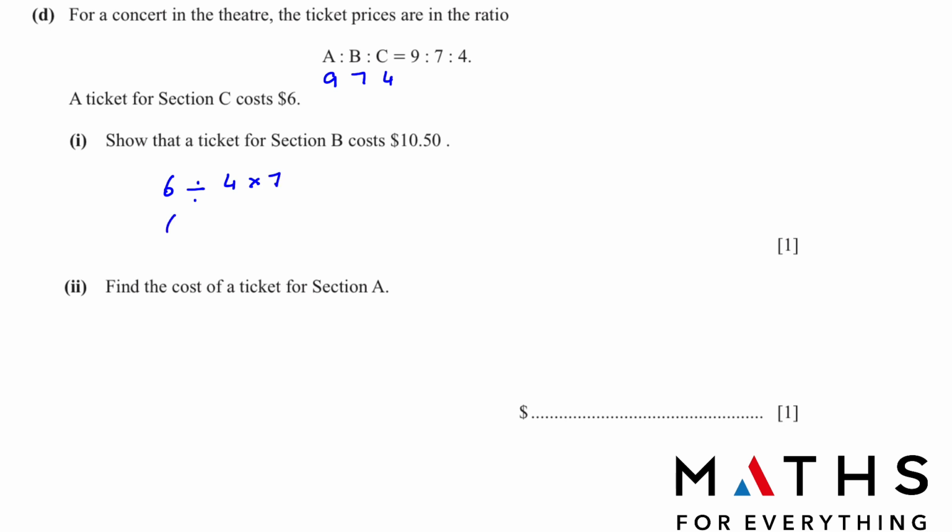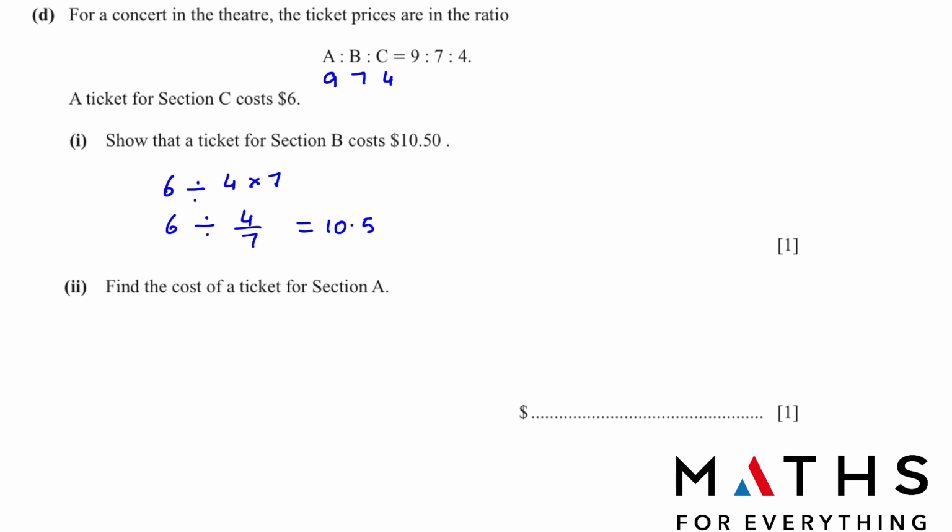We can write it either 6 divided by 4 over 7. And this will give us 10.5. This is one way of solving. The other way is a little longer. In that, you find out the total first.